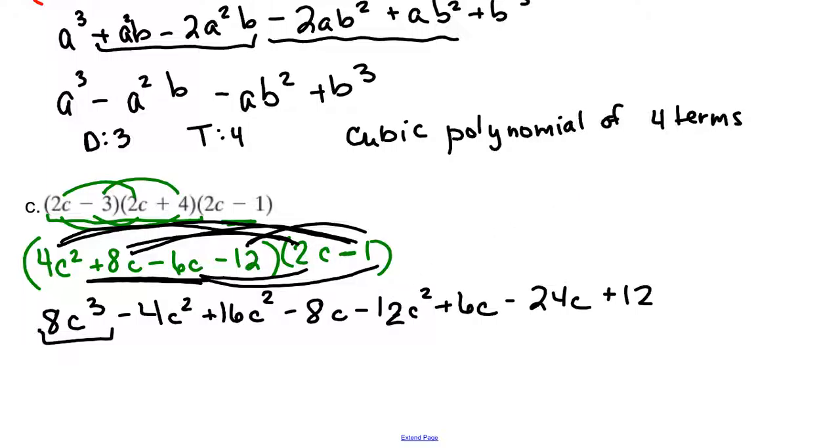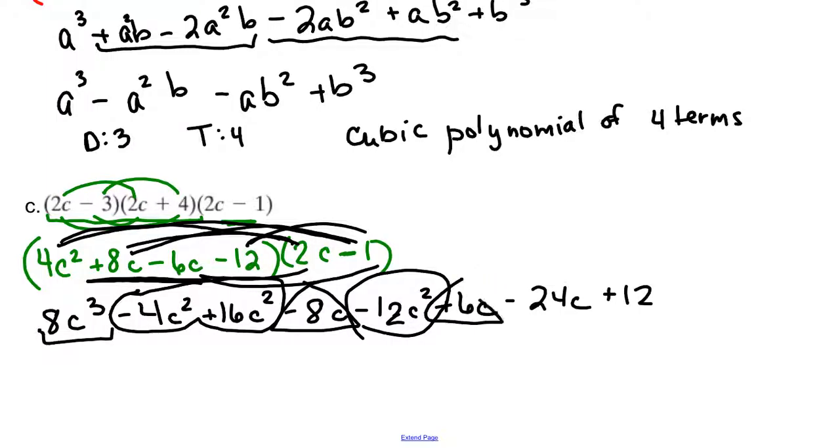All right, so we have the 8c cubed, then we have negative 4c squared, positive 16c squared, and then we have negative 12c squared. And then we have negative 8c, positive 6c, and negative 24c. And then we have this plus 12.